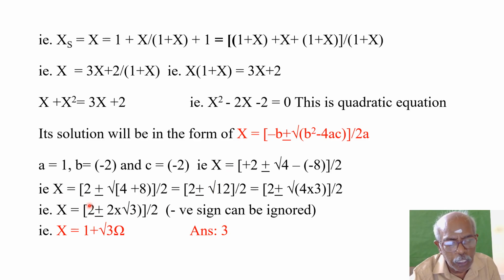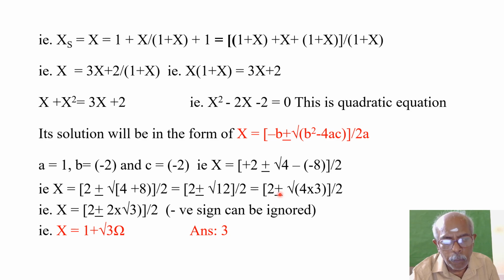So 2 plus or minus square root of 4 plus 8 divided by 2. This 2 is common for all the terms, is it not? So 2 plus or minus square root of 4 plus 8, what? 12. 12 the whole divided by 2.